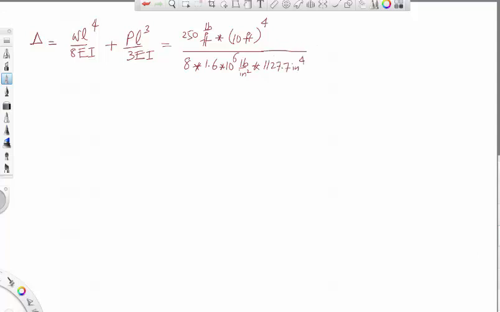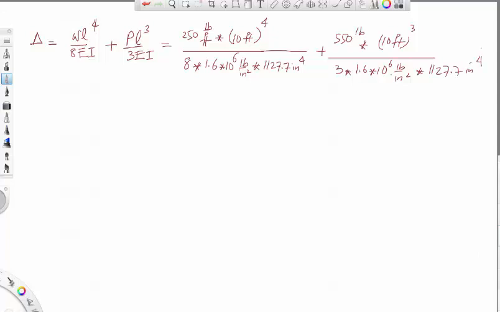That is the first part. Now the second part: P is equal to 550 pounds multiplied by L, which is 10 feet, cubed, and divided by 3, multiplied by E equal to 1.6 multiplied by 10 to the power of 6 pound per inch square, multiplied by 1127.7 inch to the power of 4.